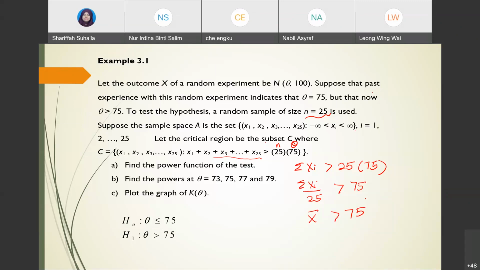So you want to define your power of the test. Okay, kita nak define power of the test kita. So power of the test biasanya kita denote dalam case ni sebagai K theta. Okay, K theta. So what is your power function of the test? It is the probability of rejecting the null hypothesis.